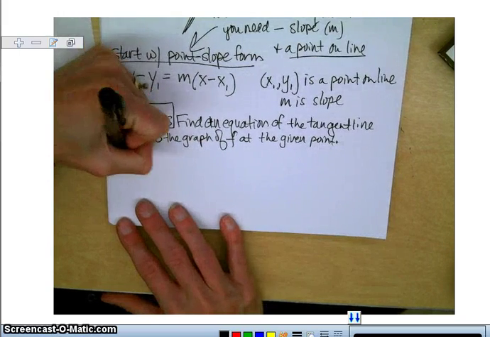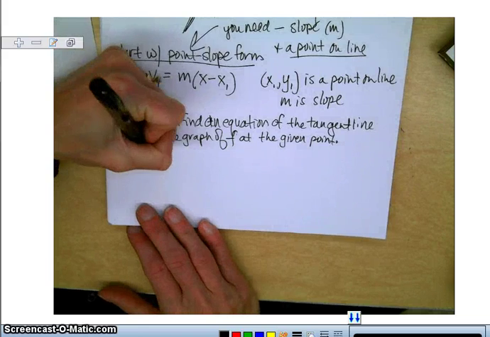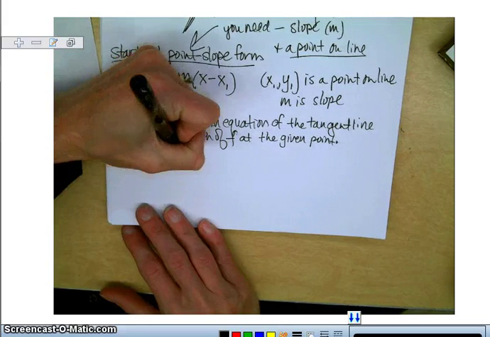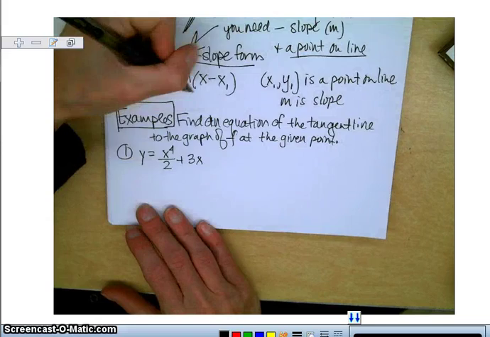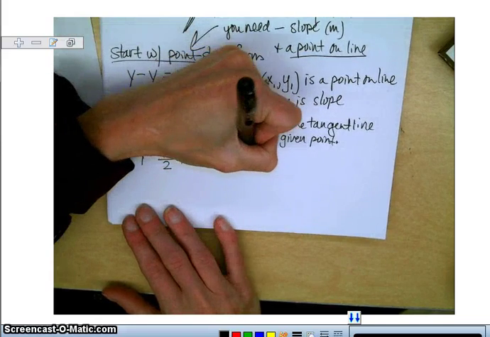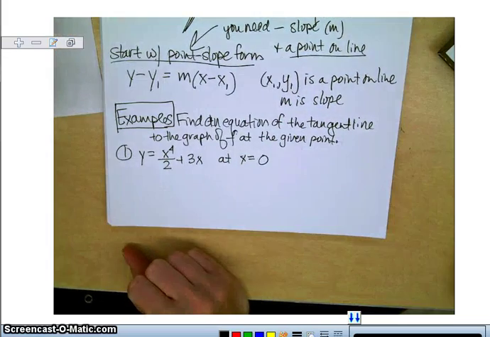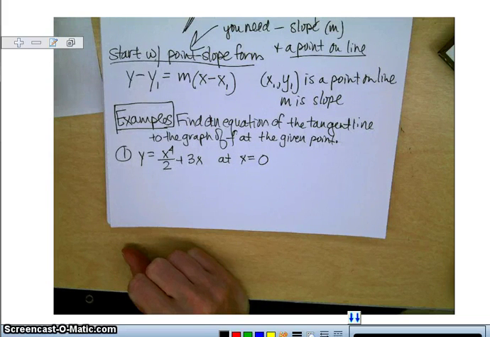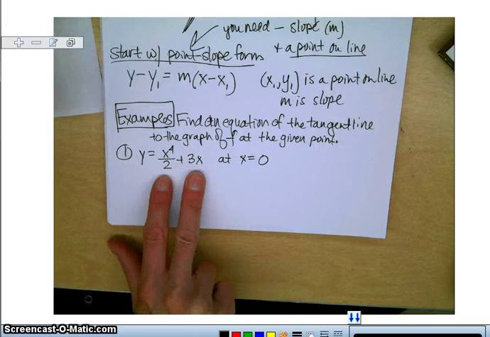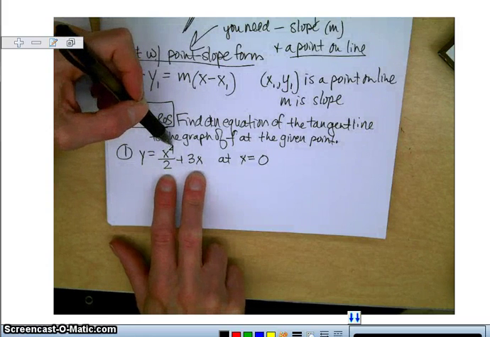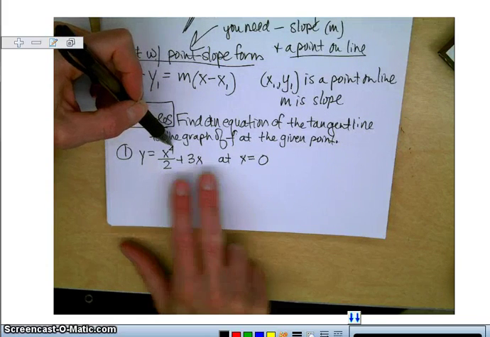Problem example number 1. y equals x to the 4th over 2 plus 3x at x equals 0. So we've got some function. We would like to find the equation of the line tangent to this curve at x equals 0.